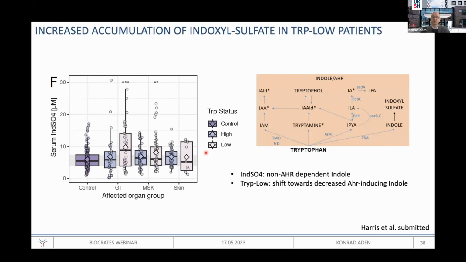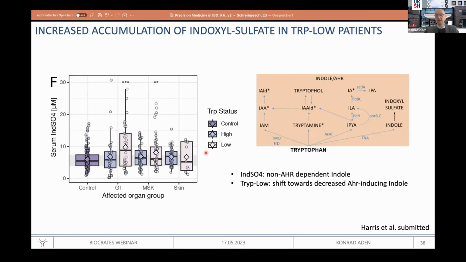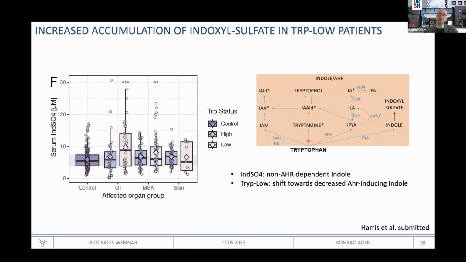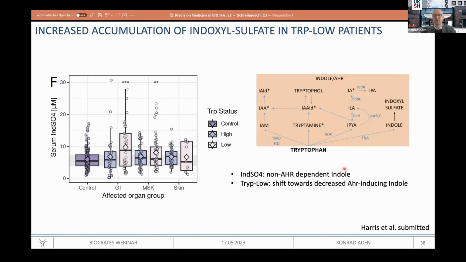And lastly, we also looked for the accumulation of indoles, and we specifically looked for indoles that are known to be AhR inducers. And we also looked for indoles that appear not to be AhR inducers.